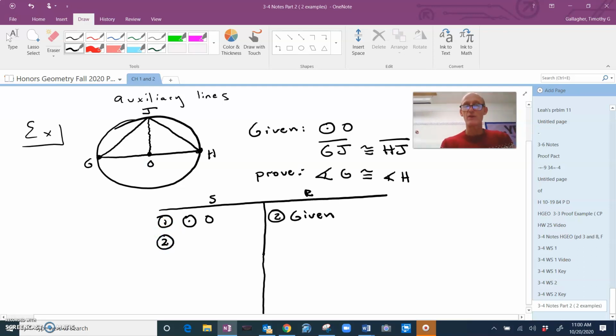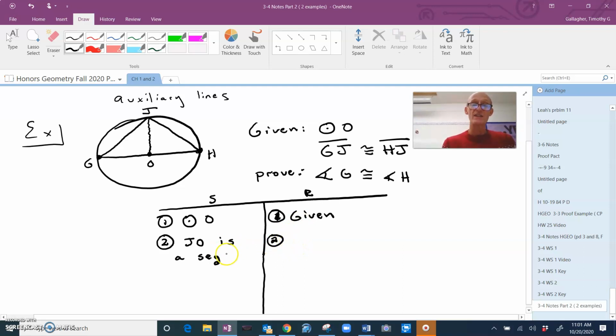I probably should have put the radii congruent in here, but we can put it in there. So step 2 is JO is a segment. This is a 1 right here. Whoops. This is a 2 here. And really, it is an auxiliary line.